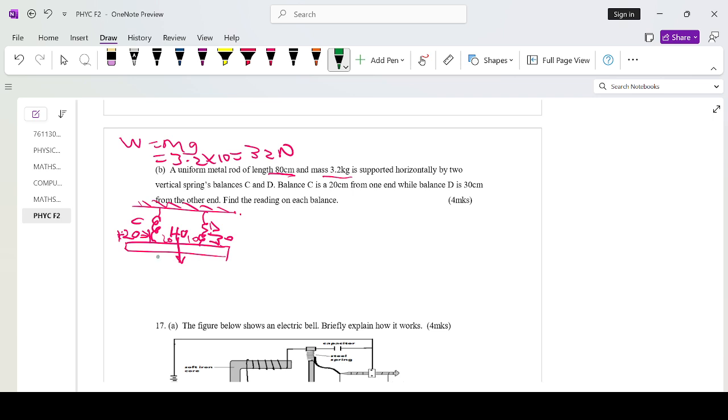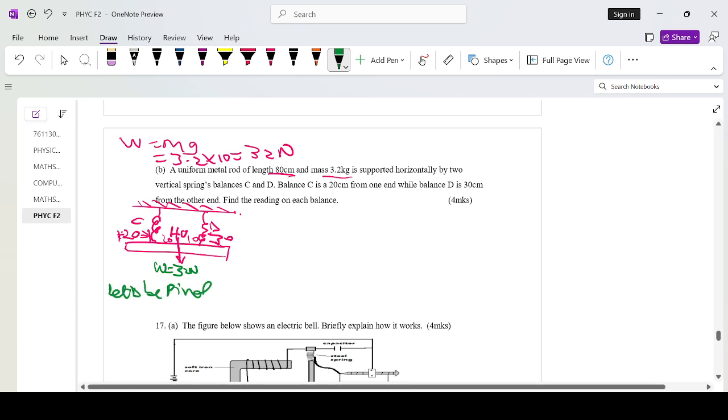So the weight here is 32 newtons. That's correct. So let me try it with making D the pivot. Let D be my pivot. If I make D my pivot, I know F1 D1 should give me F2 D2.